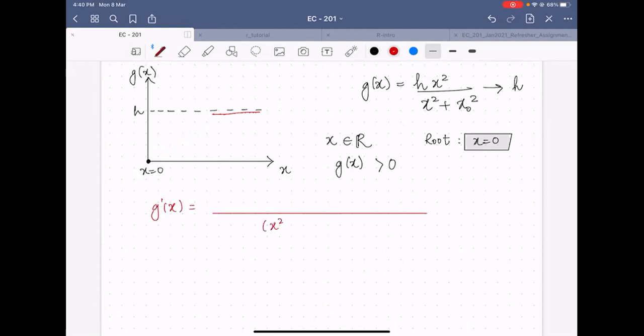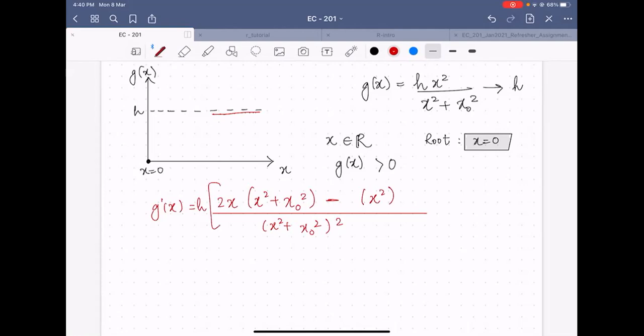I'll just do it for now. x square minus whole square. Then the 2x h. The x square plus x naught square minus the h x square. Oh yeah, h I keep out.